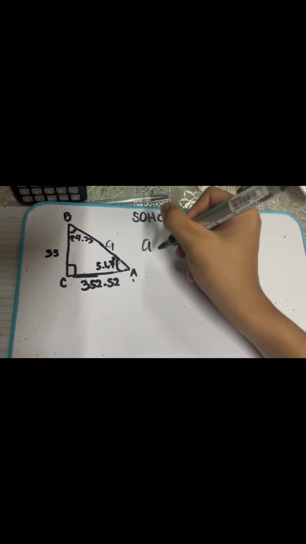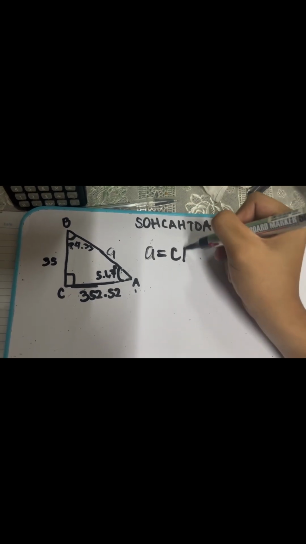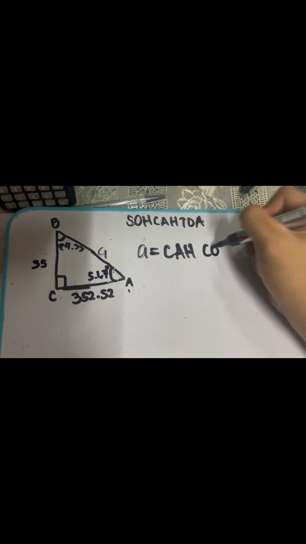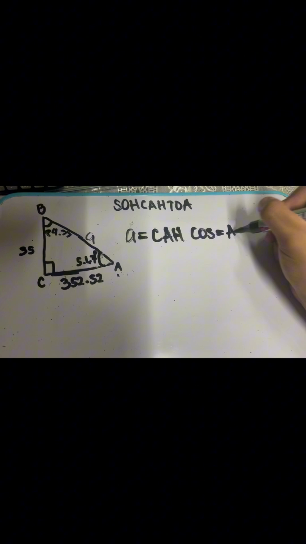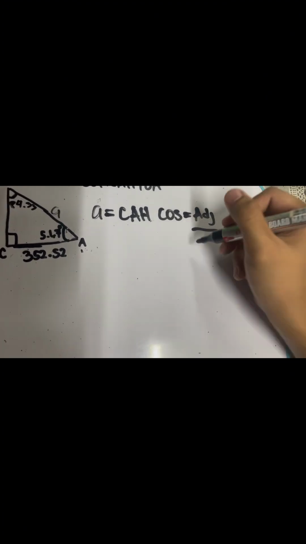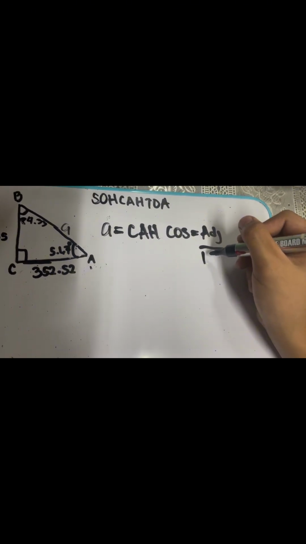It's going to be small letter A equals to CAH, meaning cosine is equal to adjacent over hypotenuse.